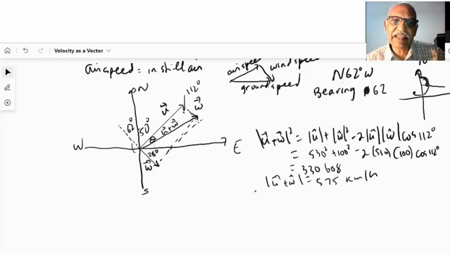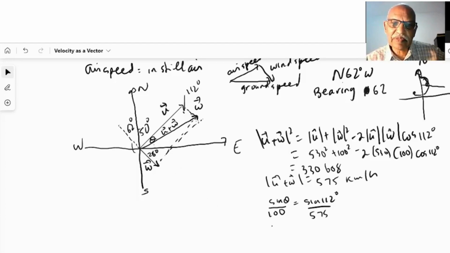To find this angle, I can use the sine law, which is sine of theta over 100 is equal to sine of 112 over 575.